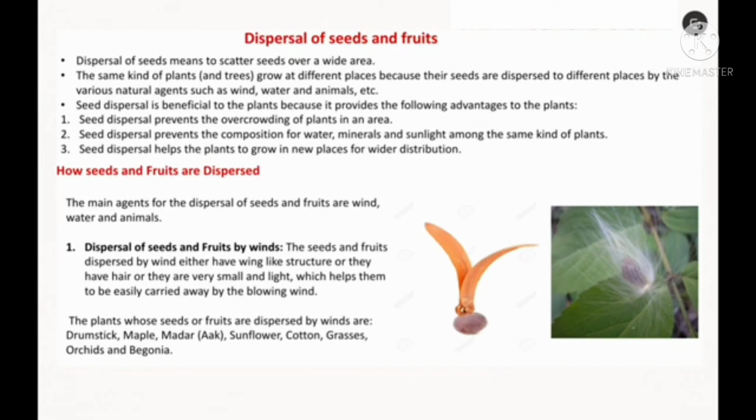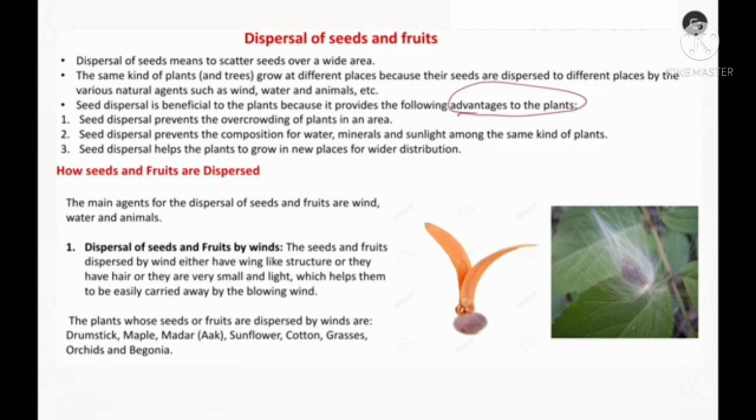So how are seeds and fruits dispersed? The main agents for the dispersal of seeds and fruits are wind, water, and animals. The first one is dispersal of seeds and fruits by wind.